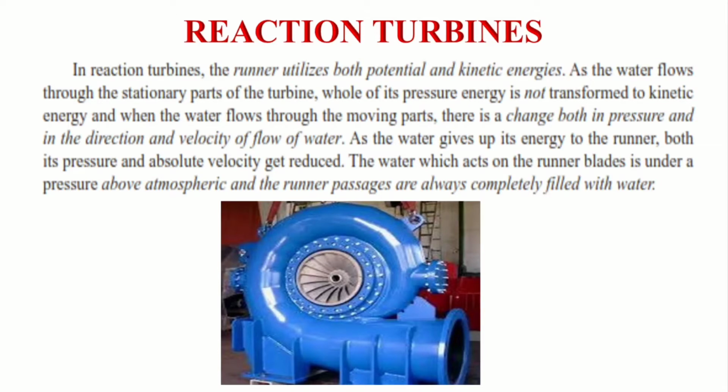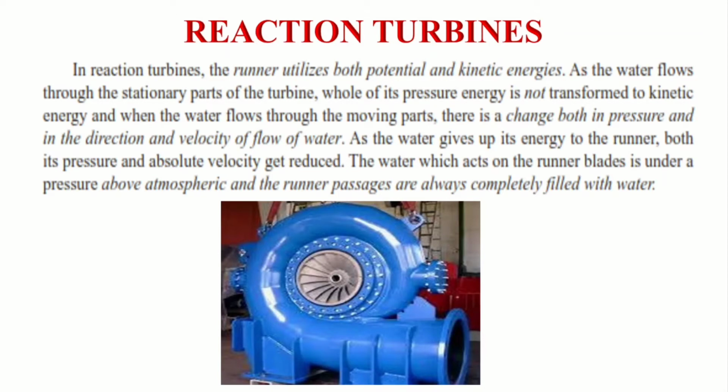As the water gives up its energy to the runner, both its pressure and absolute velocity get reduced. The water which acts on the runner blade is under a pressure above atmospheric, and the runner passages are always completely filled with water. So the water coming from the penstock enters the casing and fills the entire turbine blades.